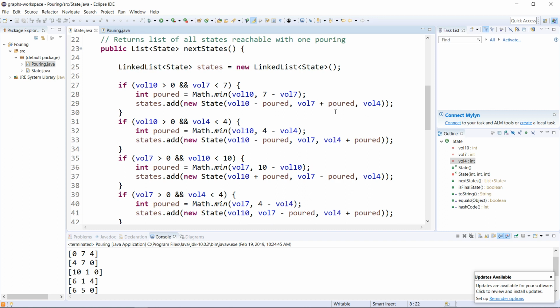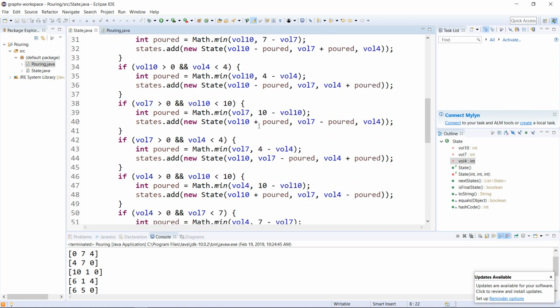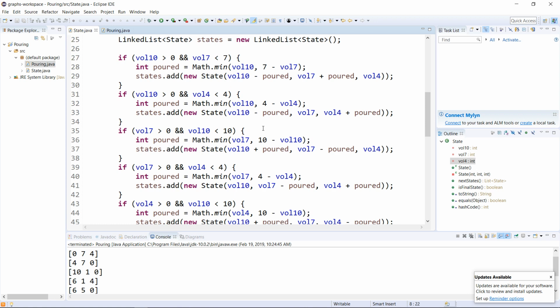And it just goes through and applies the rules of pouring, and comes up with between 0 and, I think there's 6 possible. There could be as many as 6 neighbors. So you get a vertex, which is just a triple of numbers, and it tells you the list of all neighboring states you could get to.